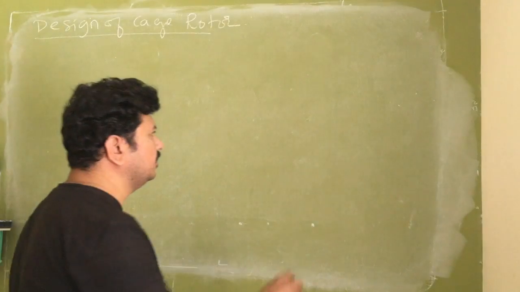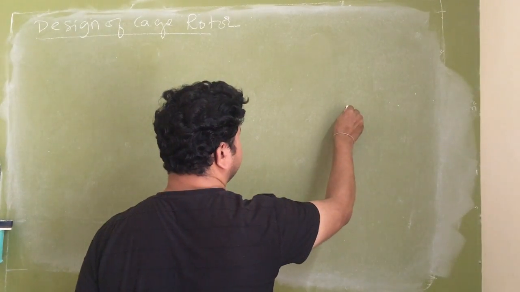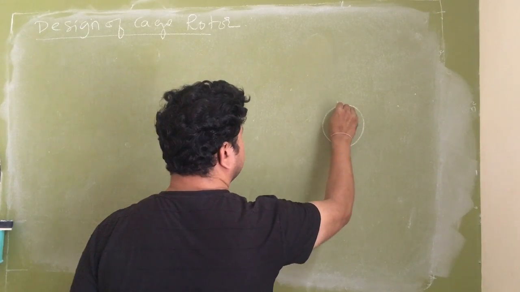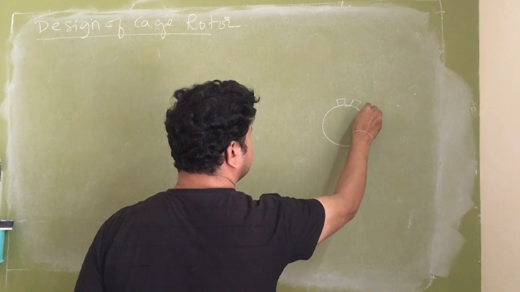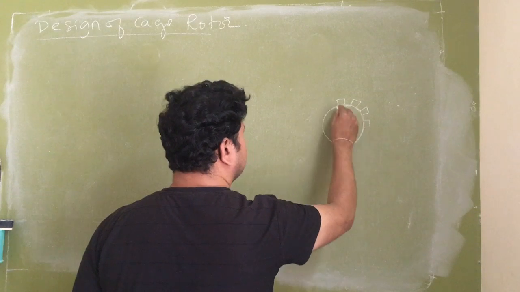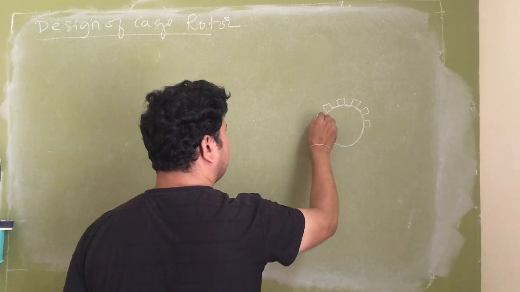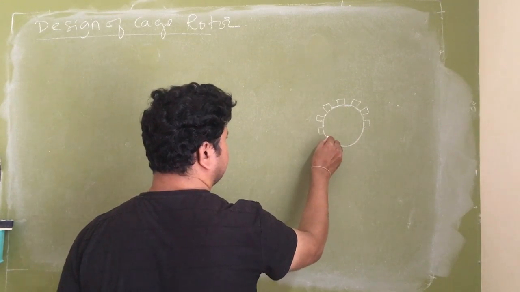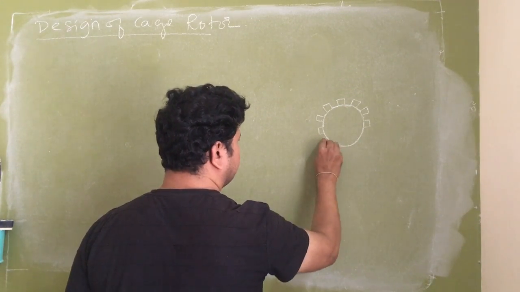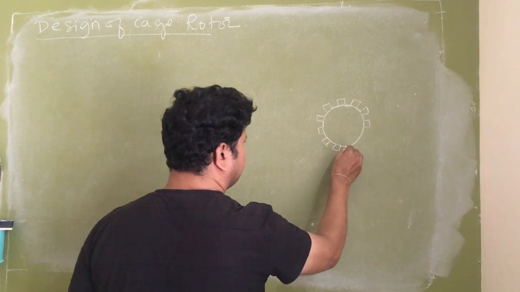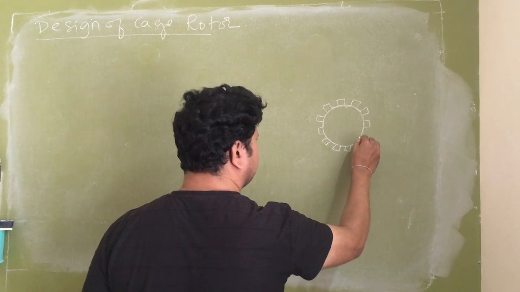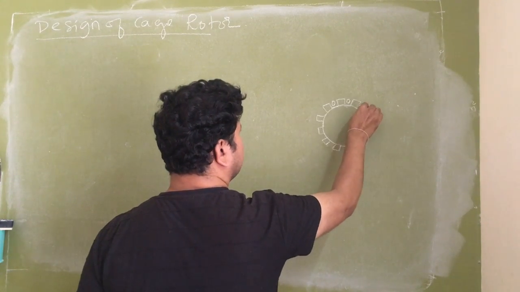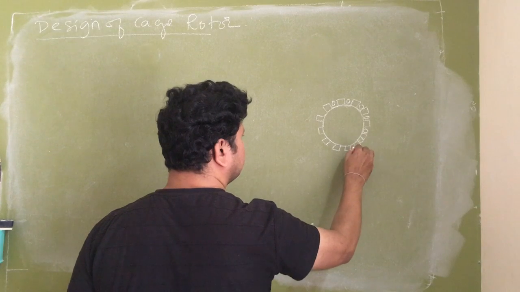Starting from the fundamental operation of the induction motor itself, suppose this is a rotor with so many slots. I will talk particularly about only the cage motor. Each slot consists of one rotor bar.